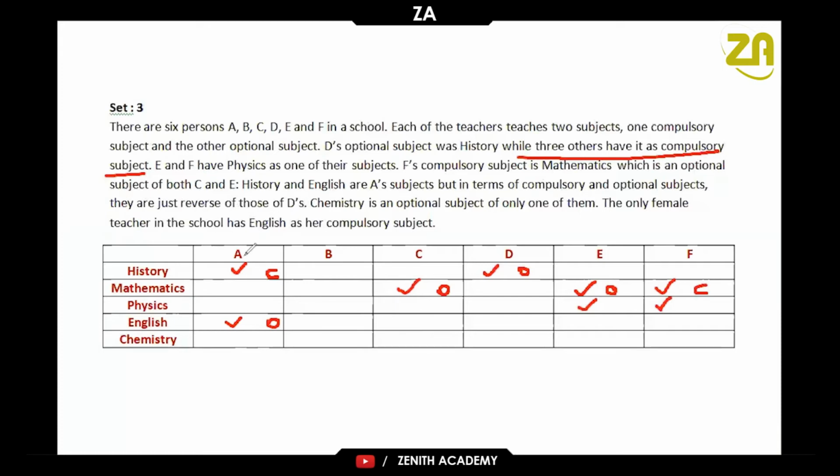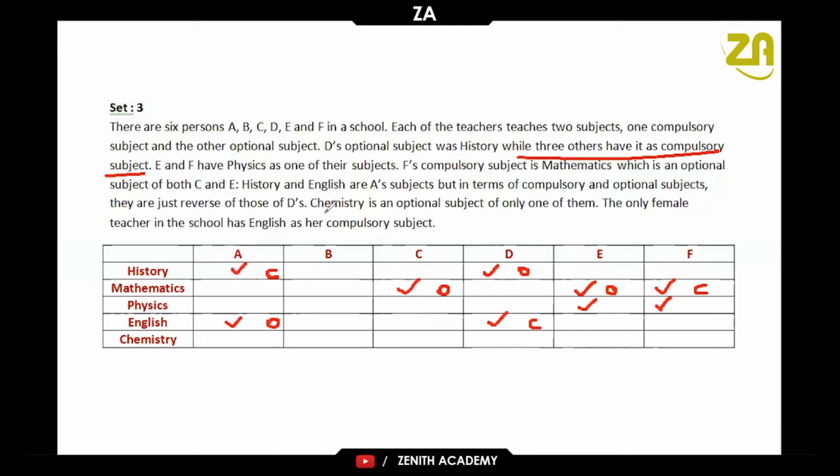Means A is teaching history as compulsory, so D will teach history as optional. And A is teaching English as optional, so D will take it as a compulsory subject.